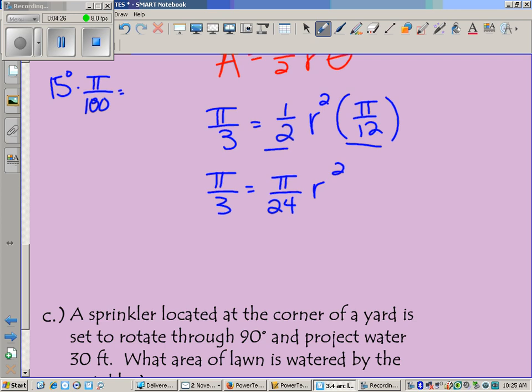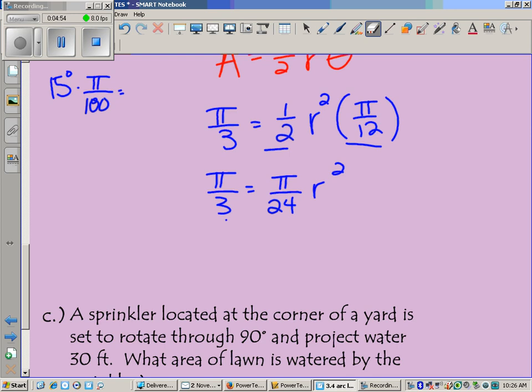So now if I want to get r by itself, I need to get rid of the pi/24 and I need to get rid of the square. I'm going to get rid of the pi/24 first. How would I get rid of that pi/24? Normally you would divide, right? But we normally don't do a quadruple layer fraction. That looks kind of weird. So instead of dividing by pi/24, could I multiply by 24/pi, the reciprocal?